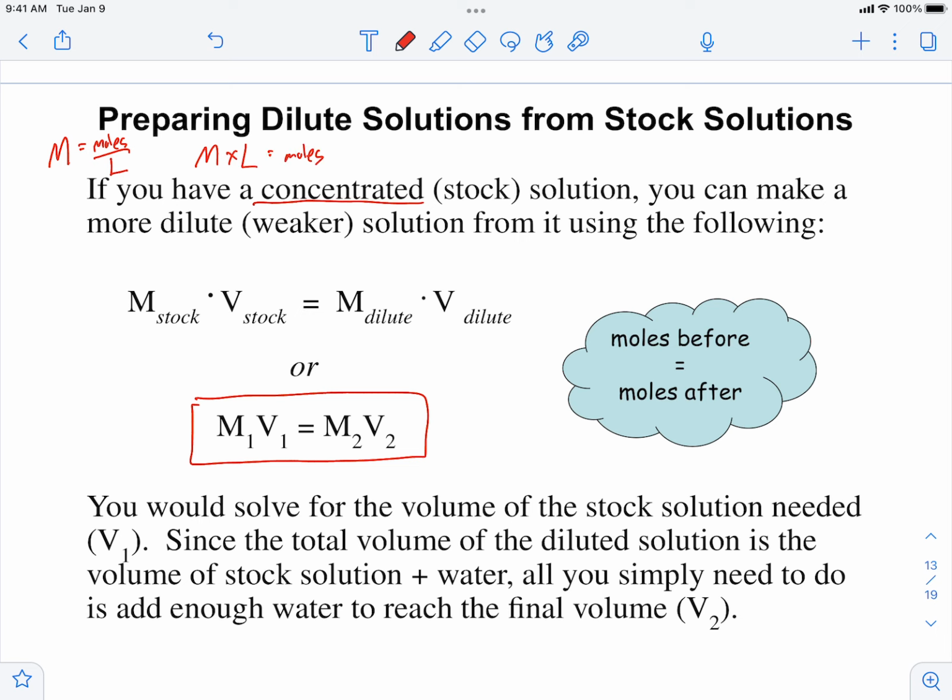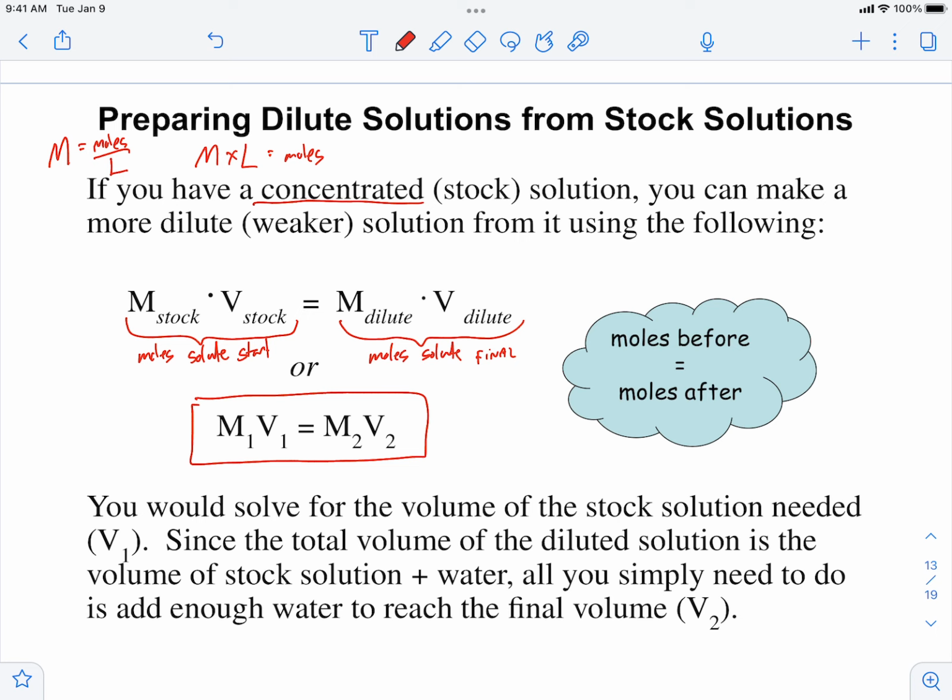And so the moles of solute that we have in a sample at the start will be equal to the moles of the solute at the end. The only difference is we're diluting it and adding more water, so the solution volume is expanding.